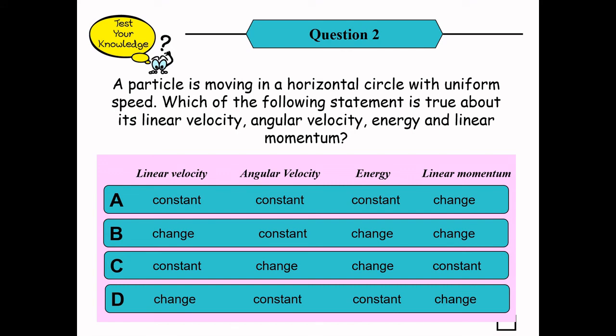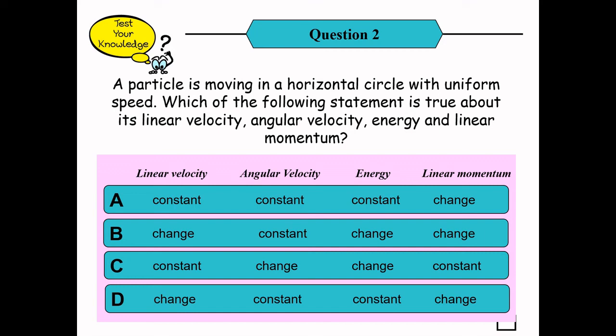Question 2. A particle is moving in a horizontal circle with uniform speed. Which of the following statements is true about its linear velocity, angular velocity, energy, and linear momentum? Alright guys, what's the answer?